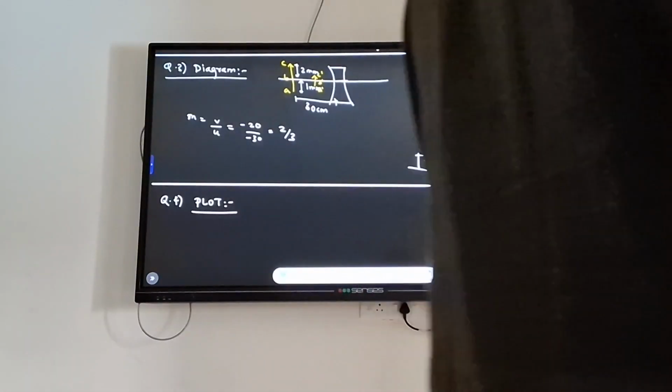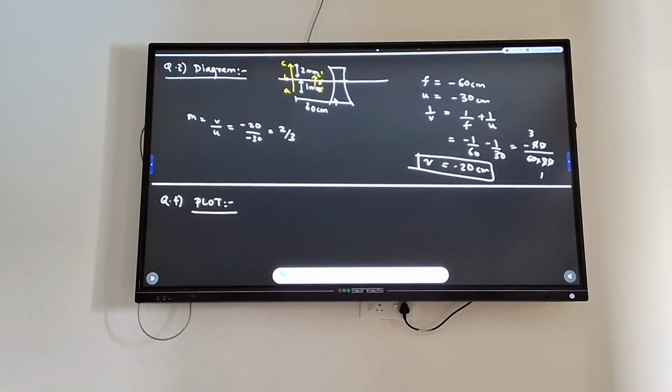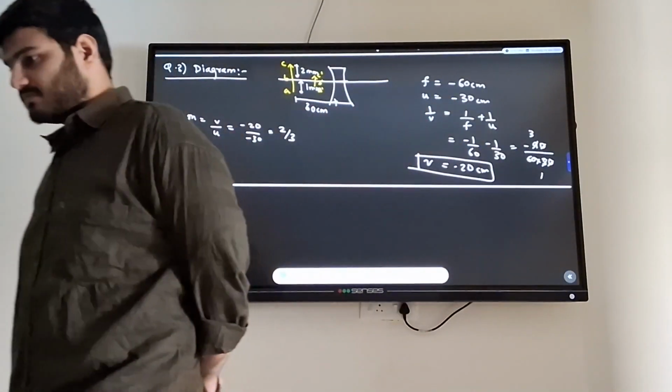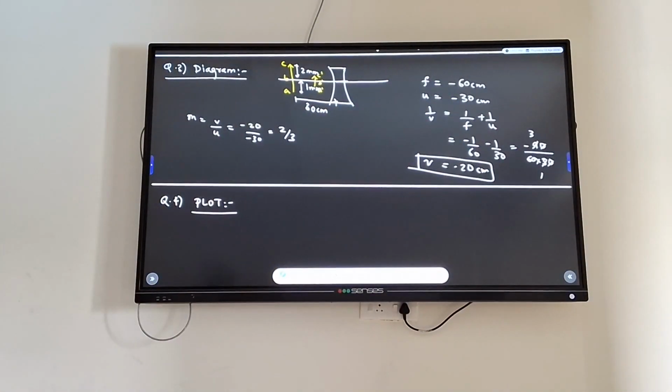Even the nature of the graph is not correct. Incorrect.